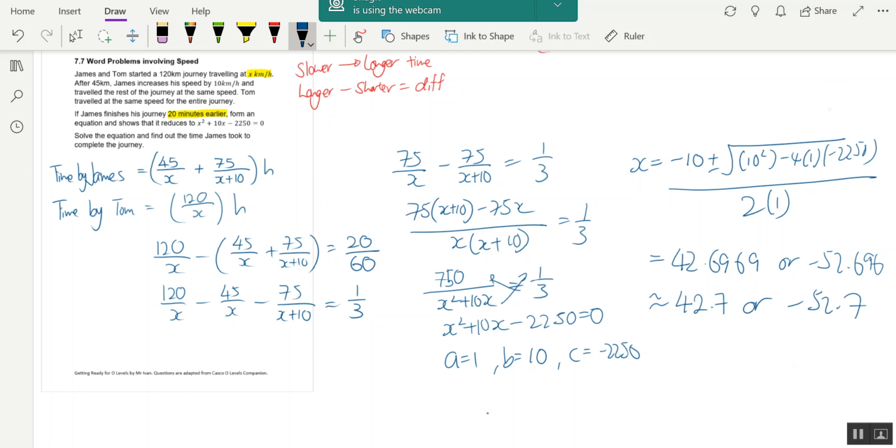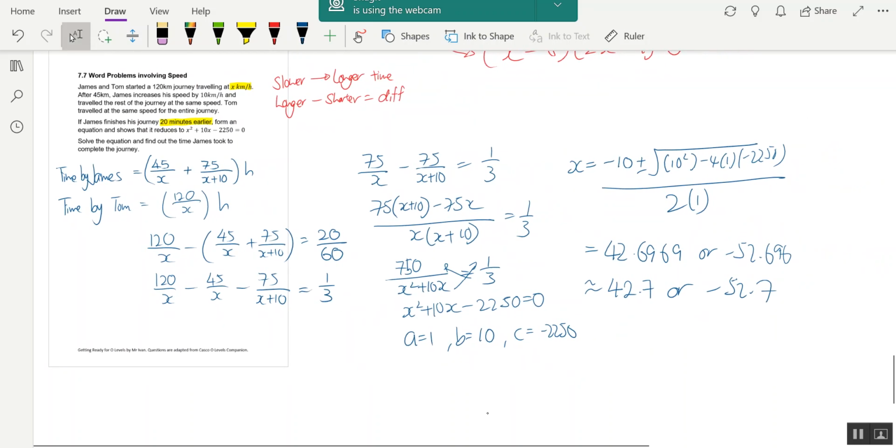Because X has to be positive, your speed has to be positive, we reject the negative one.